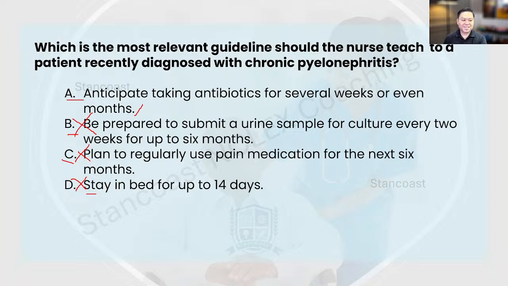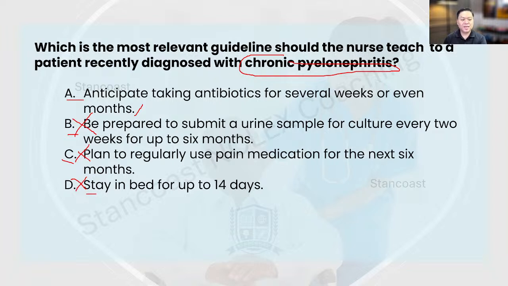Now, for the test taking strategy here, again, you're going to have to read through the question carefully. You have to understand what is being asked. Focus on the keywords, the keyword itself, chronic pyelonephritis, okay? Another thing is to recognize the terms related to the duration and the type of treatment that is going to be required for chronic conditions.